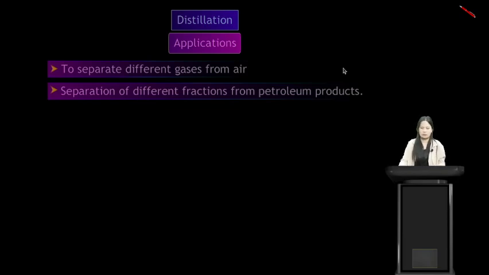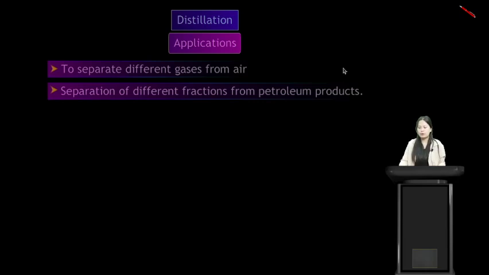All right students, in today's class we have discussed how to separate the different components of a mixture. We have seen that for heterogeneous mixtures we can use simple physical methods such as hand picking, sieving and filtration.